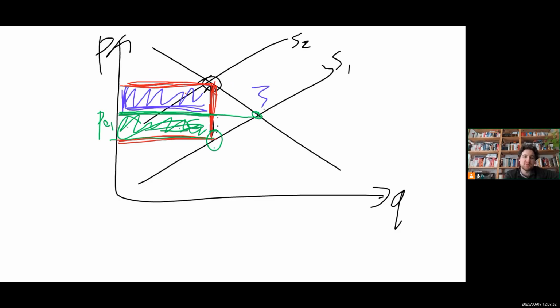So this rectangle represents the increase in the price times the amount that they're buying, just like if the price of something you're buying from the shop goes up by 50 pence, but you're buying 10 of it, then 50 pence times 10 is the total amount extra that you're paying. So that's £5 in that case.